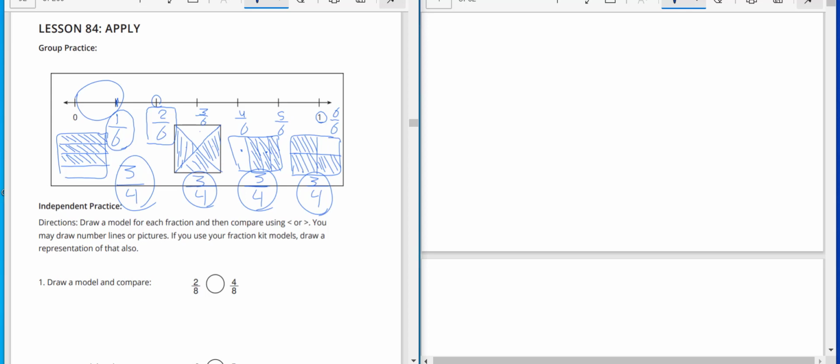If we have two squares, one of them represents 3/4. The first square represents 3/4.